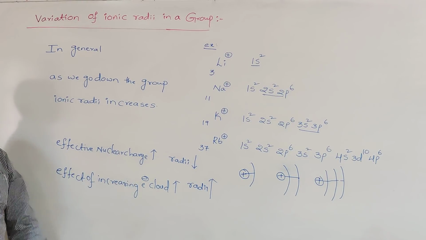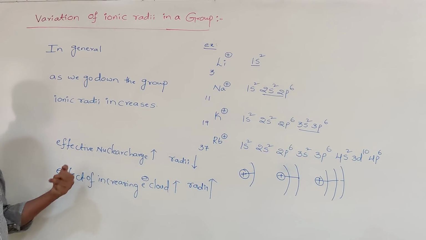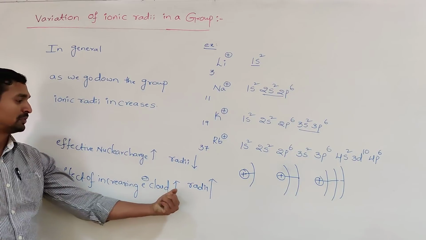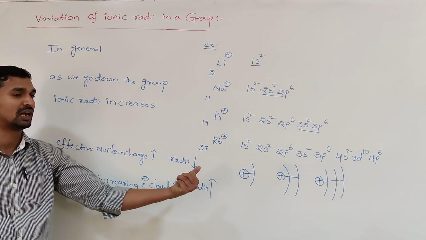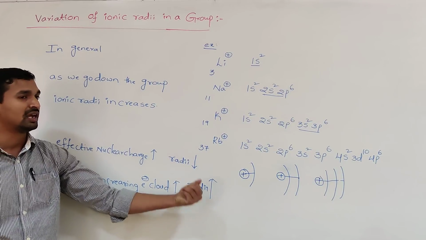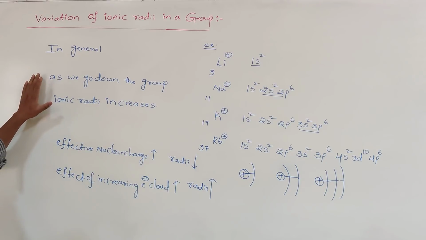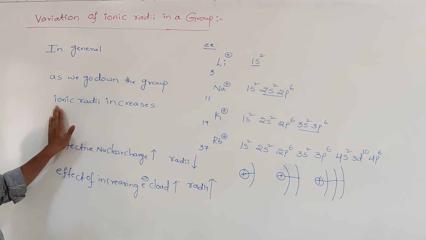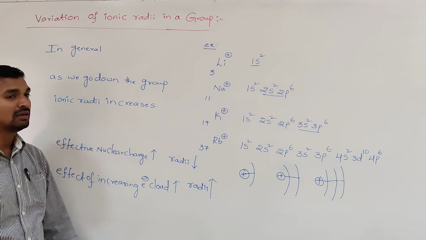That's why we consider this factor instead of the other one. So the increasing electron cloud supports that the distance from the center of the nucleus to the outermost shell increases. That's why ionic radii increases. So the statement is, as we go down the group, ionic radii increases due to the increasing electron cloud.